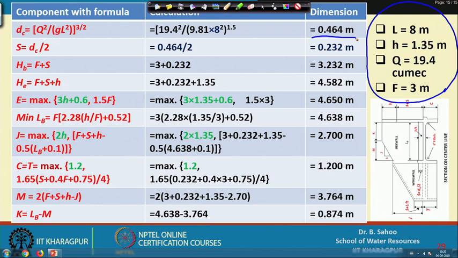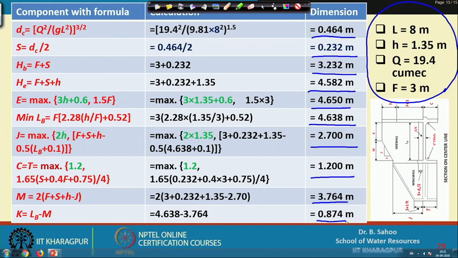So, that equal to 0.232 meter, HB equal to 3.232 meter, HE equal to 4.582 meter, E is estimated as 4.650 meter, minimum length of LB equal to 4.638 meter, J equal to 2.7 meter and C equal to T, they are both 1.2 meter, M equal to 3.764 meter and K equal to 0.874 meter.